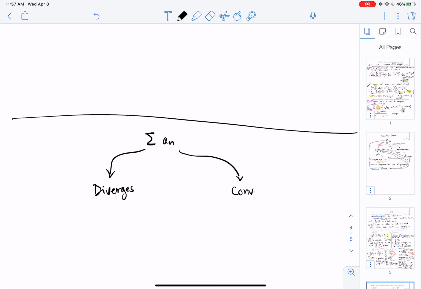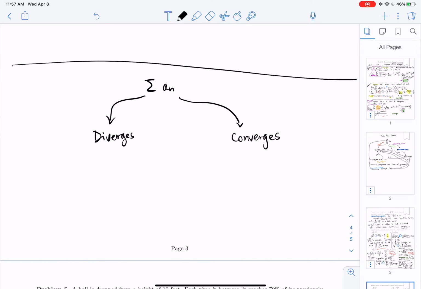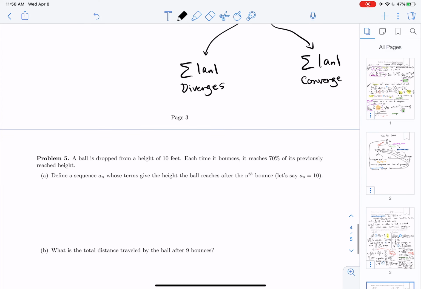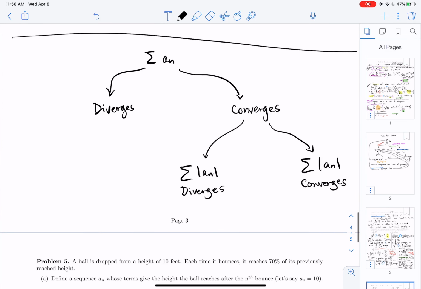Now if it converges, it is possible that the series made up of the original series but with an absolute value could diverge or converge. So if your original series converges, you could go so far as to ask if this new series converges or diverges.